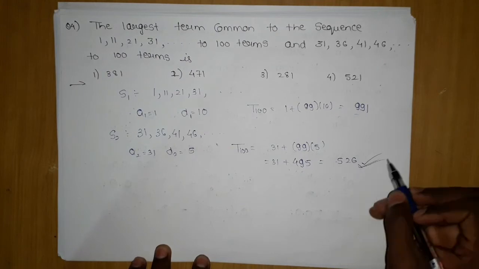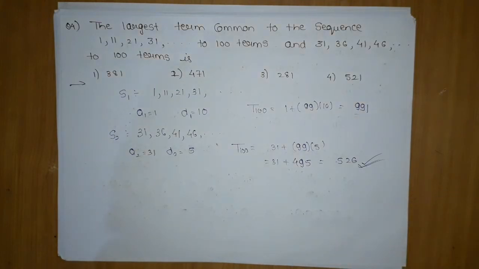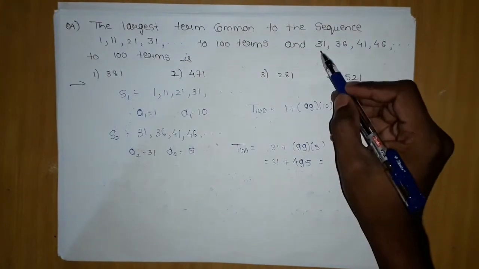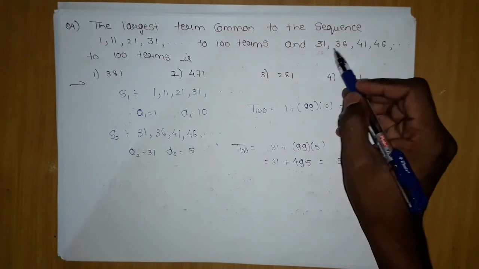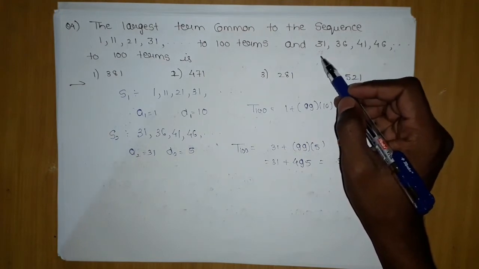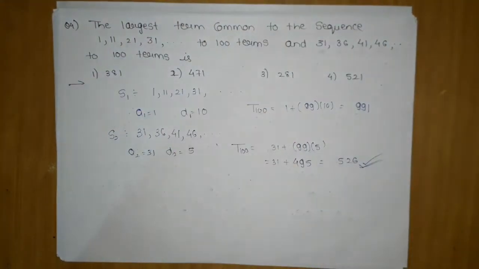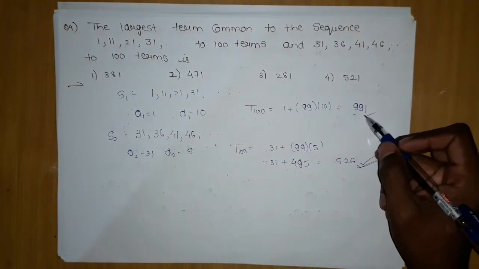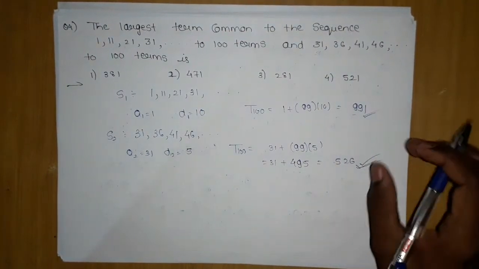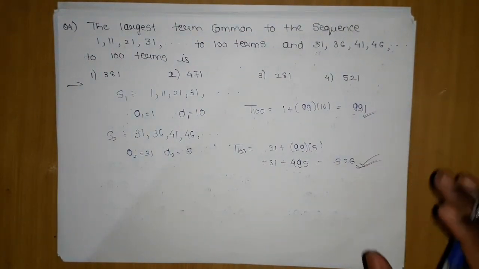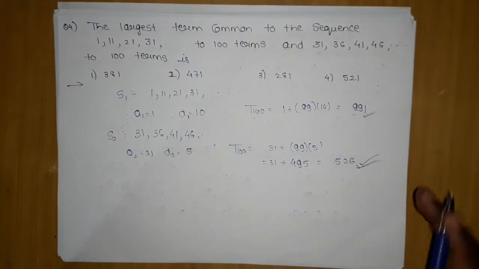Now the main common mistake children make is that they see this sequence starting from 31 and think its 100th term will be bigger compared to the other one, so they take the first one as the lowest without checking. Don't do this. Check both terms for the minimum possible number.